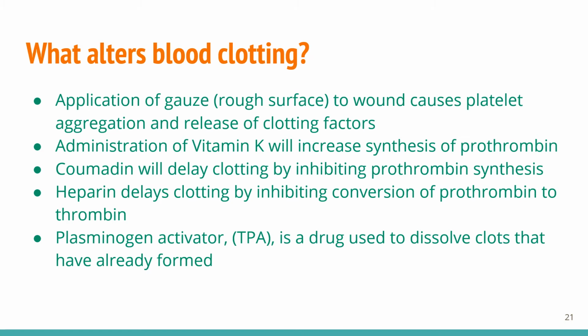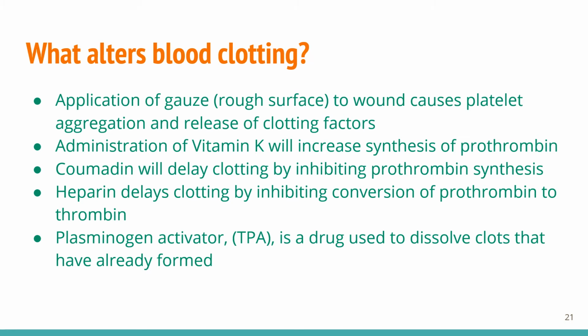Things that are going to inhibit the clot are Coumadin, because that's going to delay clotting by inhibiting that prothrombin synthesis. Heparin actually then also delays clotting by inhibiting the conversion of prothrombin to thrombin.